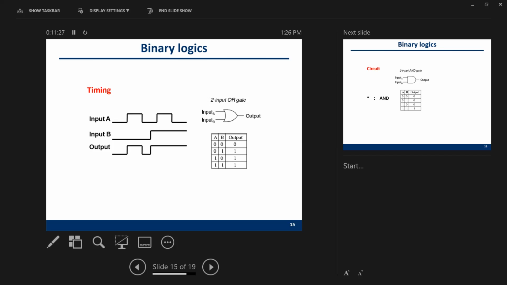We will also cover the timing part. For example, in this cycle, we provide a signal of A and a signal of B, and we generate an output here. Of course, we can change the signals of A and B in another clock cycle.